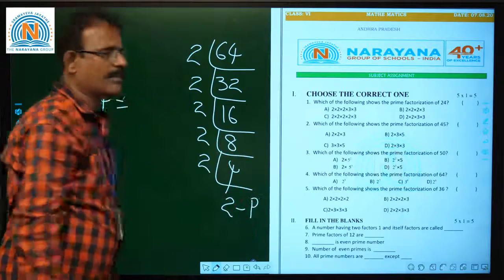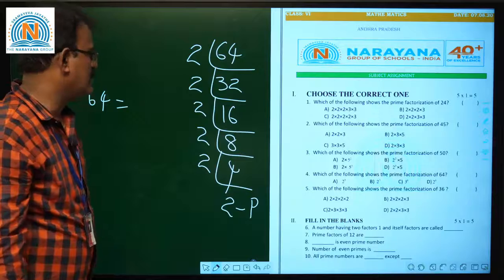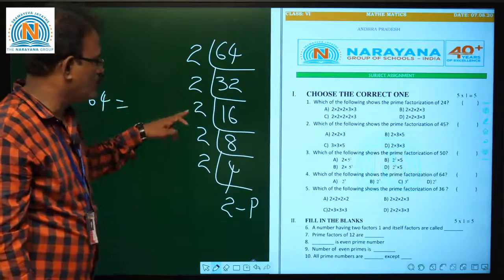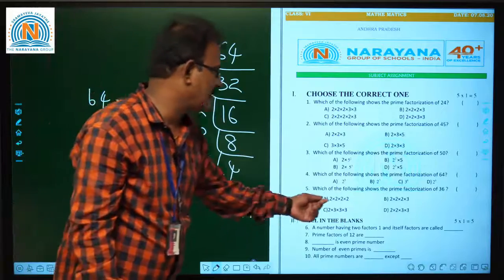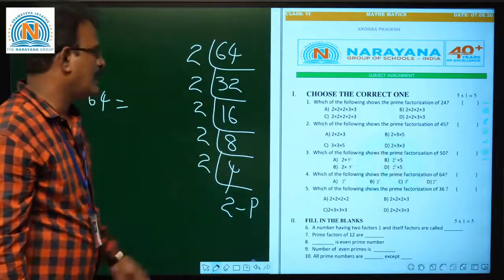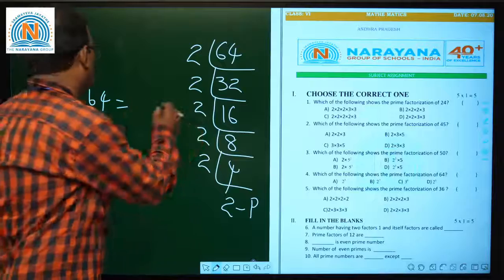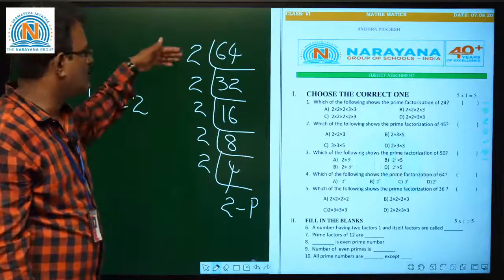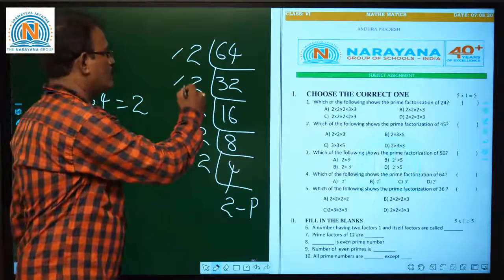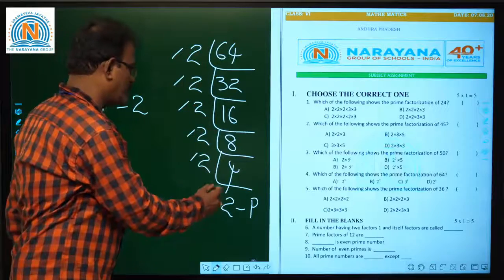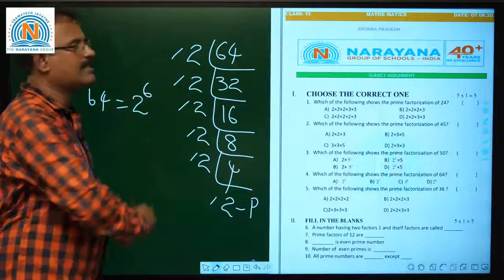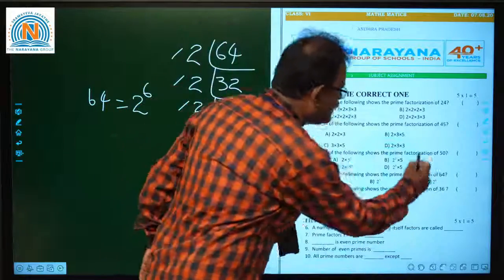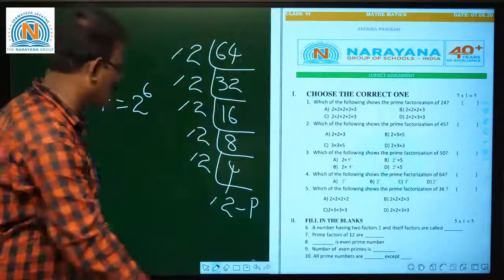As 2 is a prime number, our prime factorization is completed. So 2 into 2 into 2 and so on, but it is not available among the 4 options. So 2 is raised itself how many times? Let us count: 1, 2, 3, 4, 5, 6. So 2 is raised itself 6 times. So 2 power 6 is available in the fourth option, my dear children.